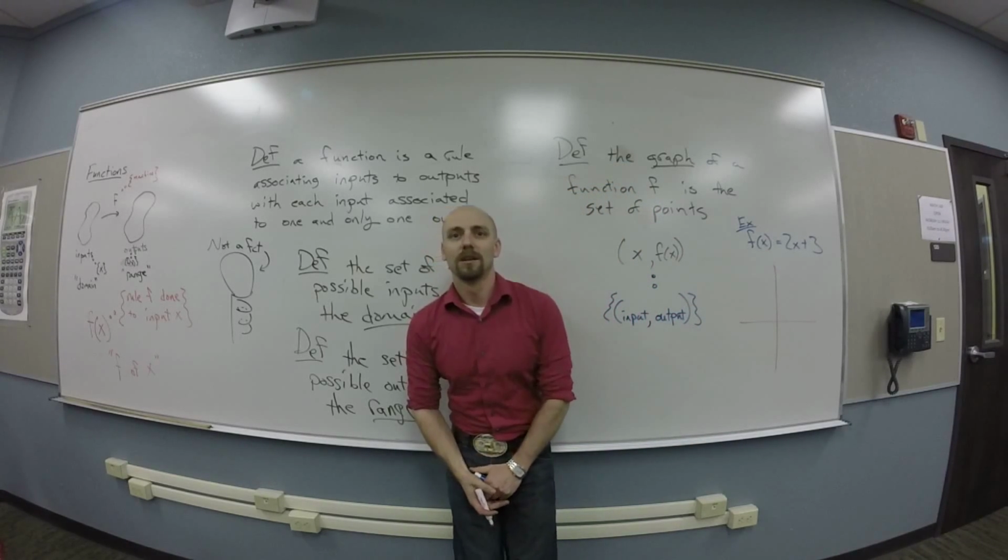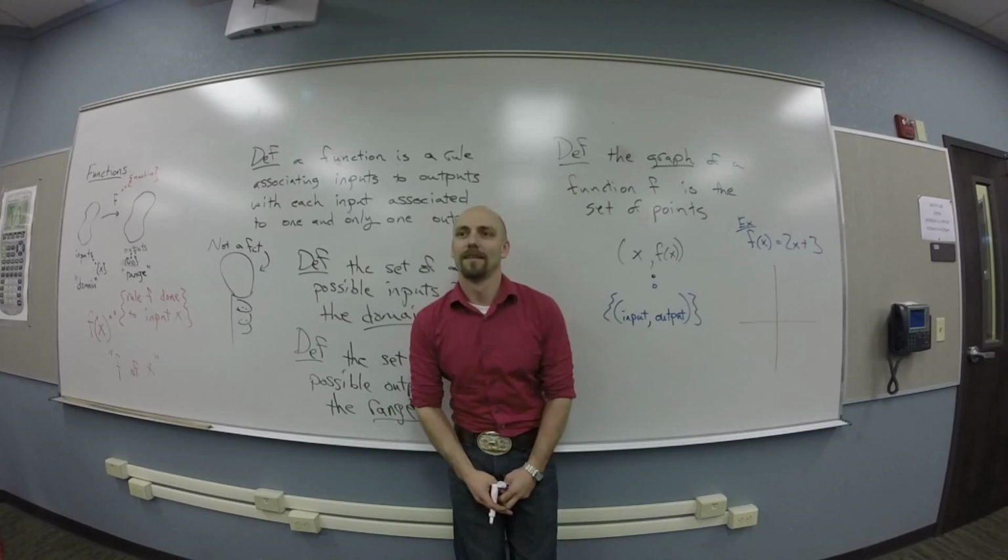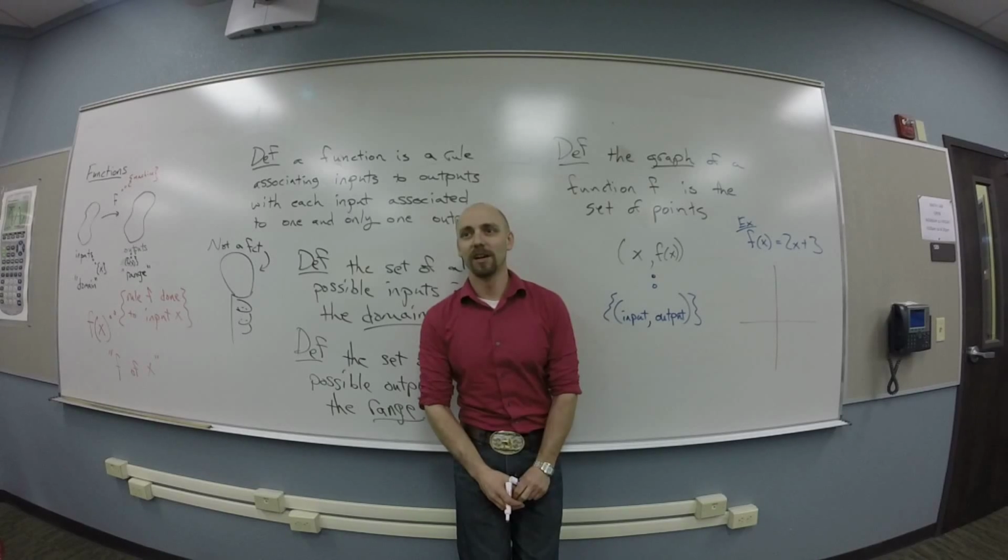How about y equals 2x plus 3? That's a y equals mx plus b form. That's a line. It's got a slope of 2 over 1. We're a little rusty from winter break.